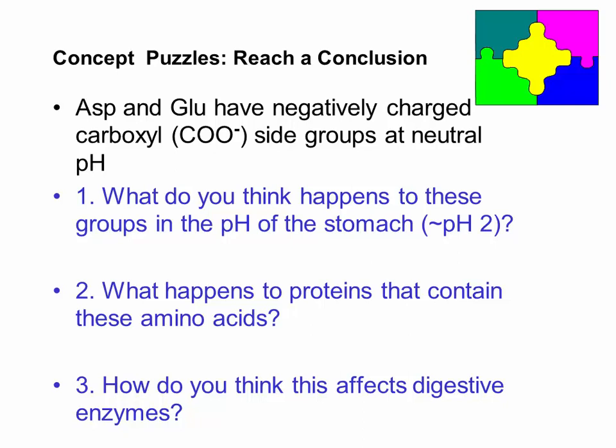I should have asked it that way. No, we're talking about low pH now in the stomach, pH 2. What does that do to the proteins that facilitates digestion? Or how do you think it impacts the action of digestive enzymes?